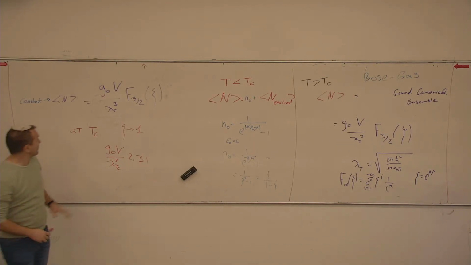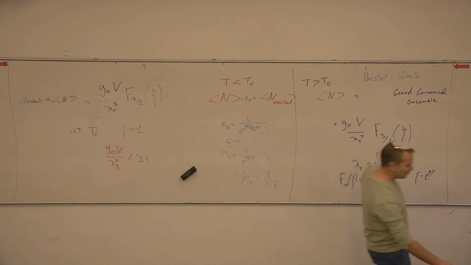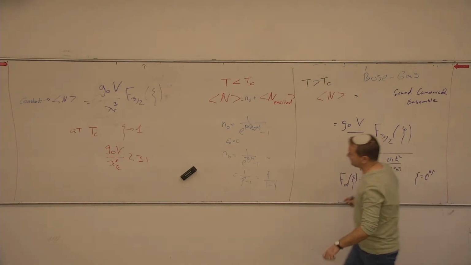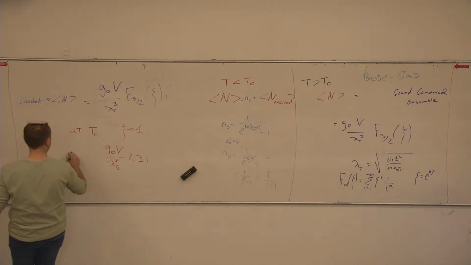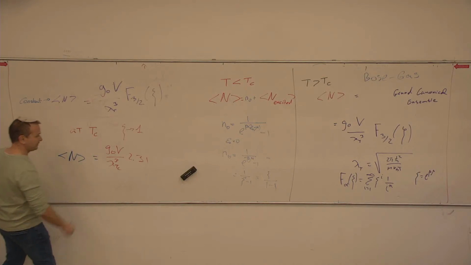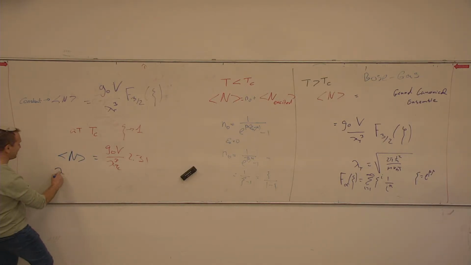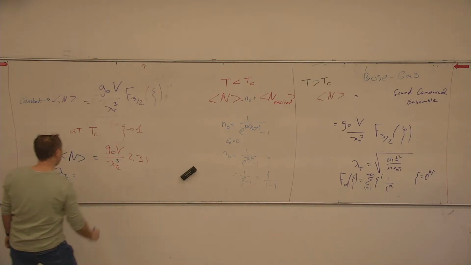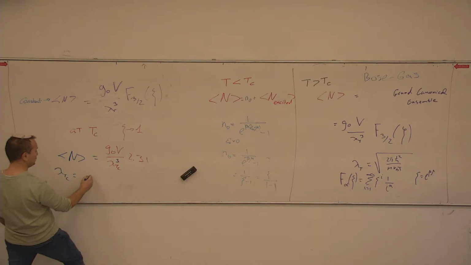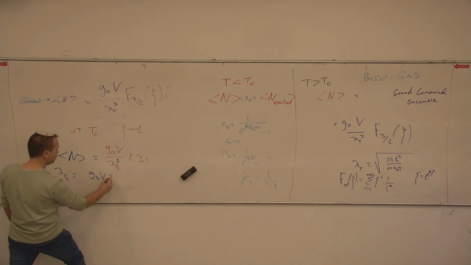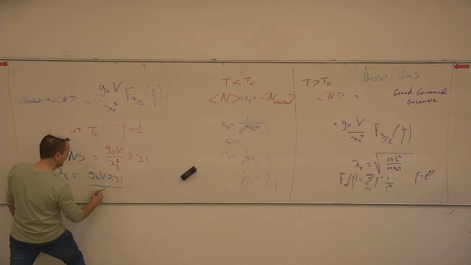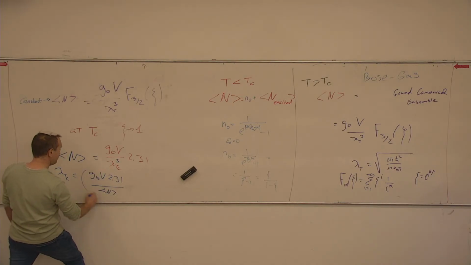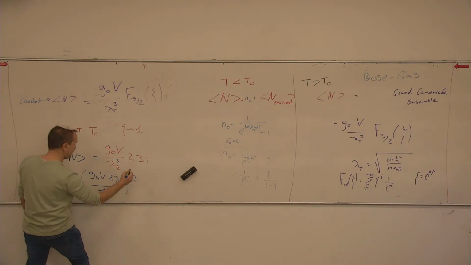On the left-hand side, you have your number of particles, which is n. So we obtain that lambda at TC to the power 3 equals G0 V 2.31 divided by n, so lambda at TC equals (G0 V 2.31 / n) to the power of 1/3.